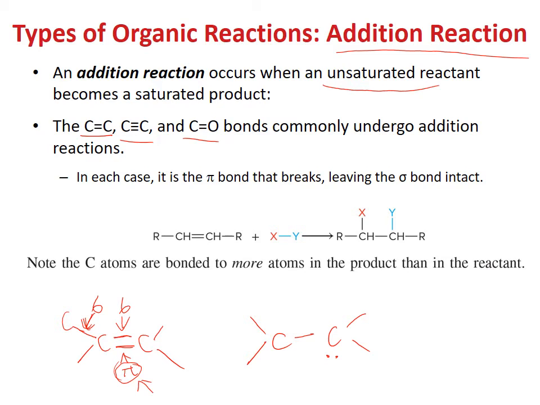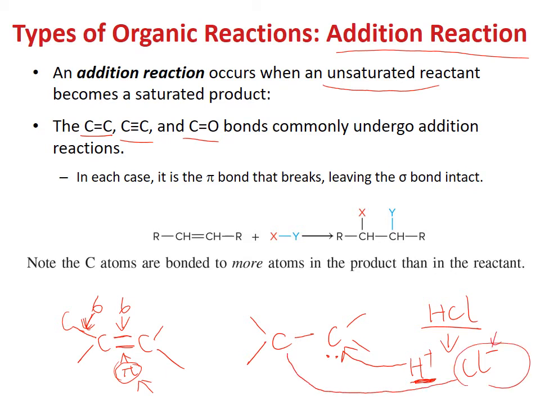And therefore, when you have a polar molecule, for example hydrogen chloride, in solution, hydrogen chloride immediately becomes a proton and a chloride ion. The proton has no electron, so it's attracted to the carbon with two electrons. And the chloride has a negative charge, so it is attracted to the carbon that has no electron.